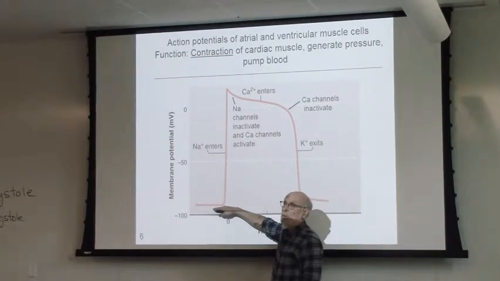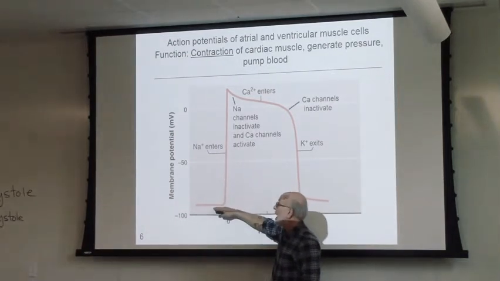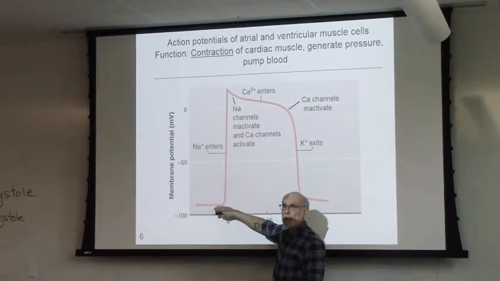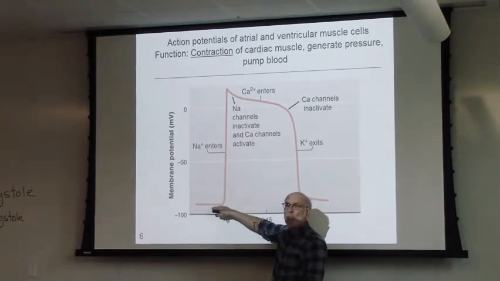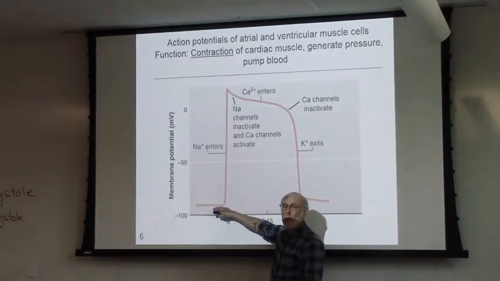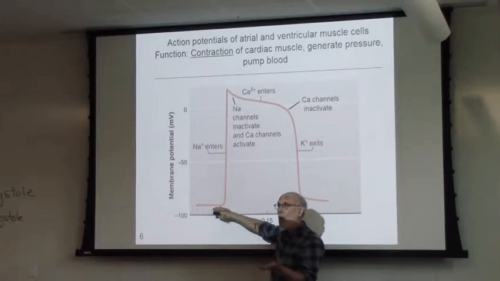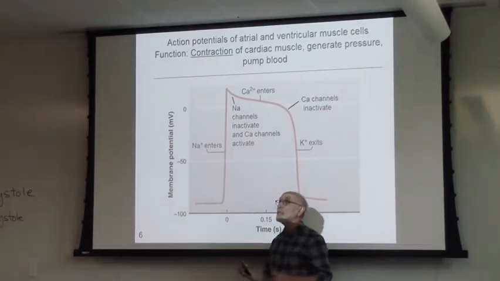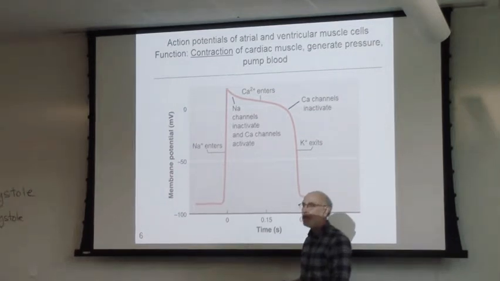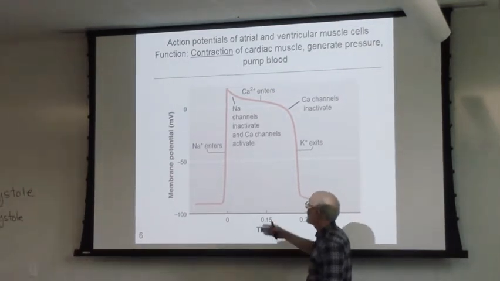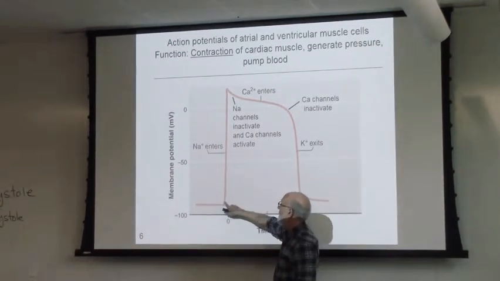Atrial muscle has a very negative resting membrane potential. Left to itself, it would sit at that resting membrane potential for hours. It would never beat. But you know it beats. Why does it beat? Because it gets that stimulus from the action potential spreading out of the AV node, the SA node. So it gets a stimulus, which we can't even see here.